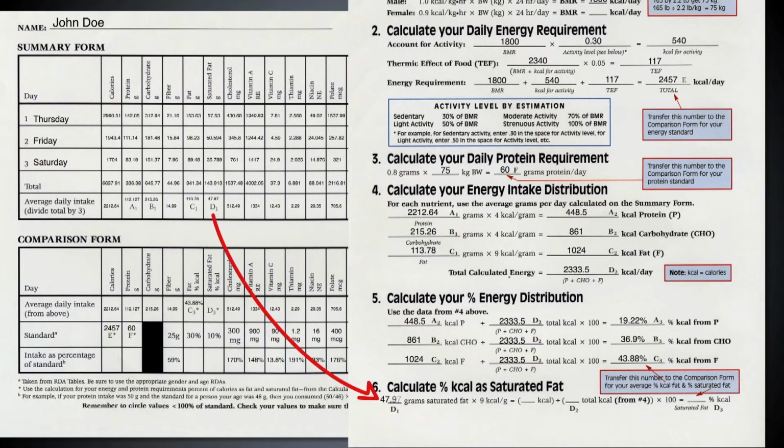First, transfer D1 from your summary form and then multiply by 9 kilocals per gram. Next, divide by D2 and then multiply by 100 to get D3. Don't forget to transfer D3 onto your comparison form. And now you're done with the calculations page.